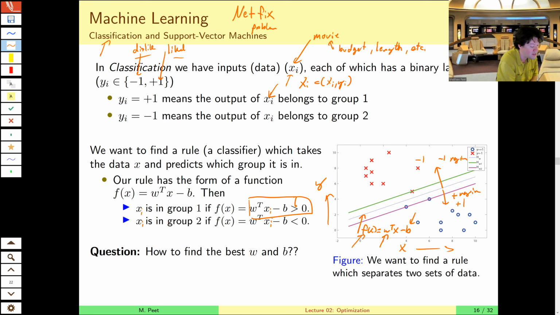So it's less than 0 if it's group 2. And also we want to maximize the distance between those two groups. So find a classifier which takes data and predicts which group it is in based on whether it's above or below this hyperplane.